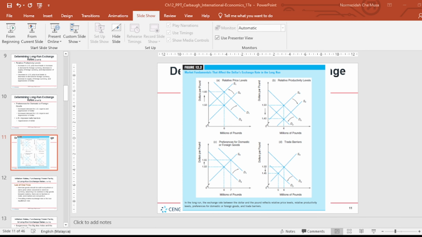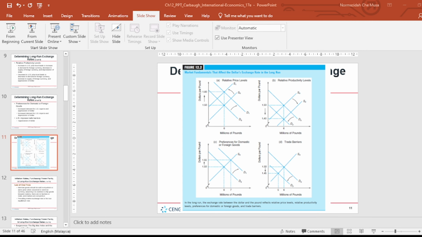So there is going to be depreciation of the dollar from 150 to 160. So that's number one.